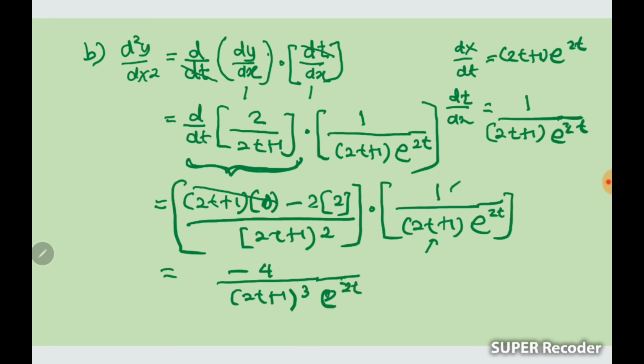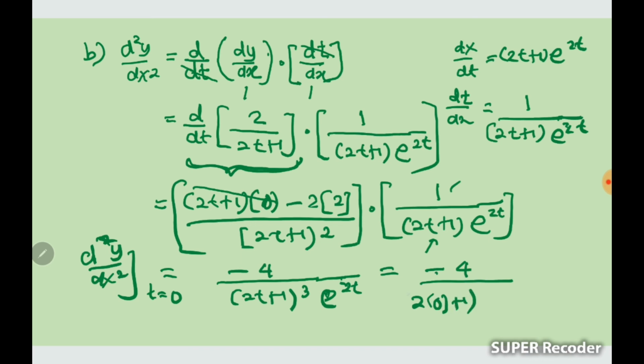Okay, remember that the question asks to find d squared y over dx squared when t equals 0. Means you have to substitute the value of t here with 0. Therefore, the answer is negative 4 over (2 times 0 plus 1) cubed multiplied with e to the power of 0.